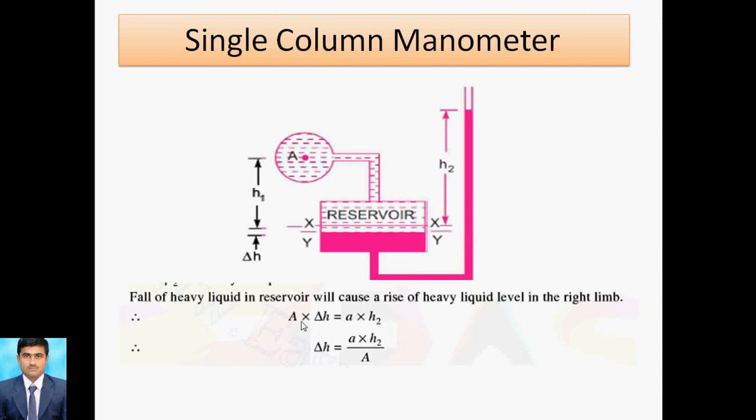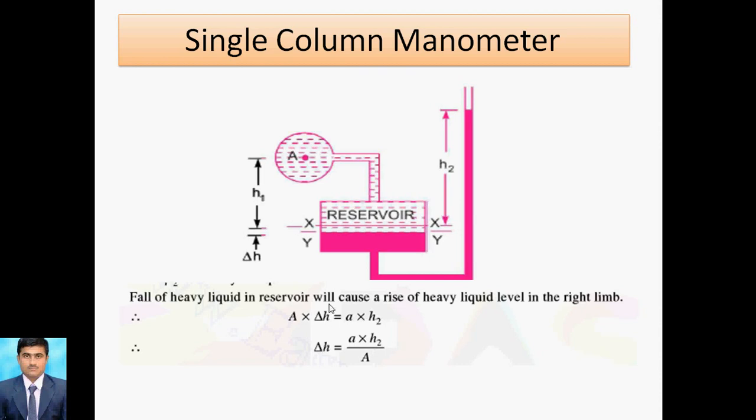Capital A is the reservoir, which is about 100 times larger than the tube. That is the difference between the reservoir and the tube, and that is why we can measure the deflection. This delta h gives the value of the smallest deflection, that is a into h2 divided by capital A. So this is regarding the single column manometer.